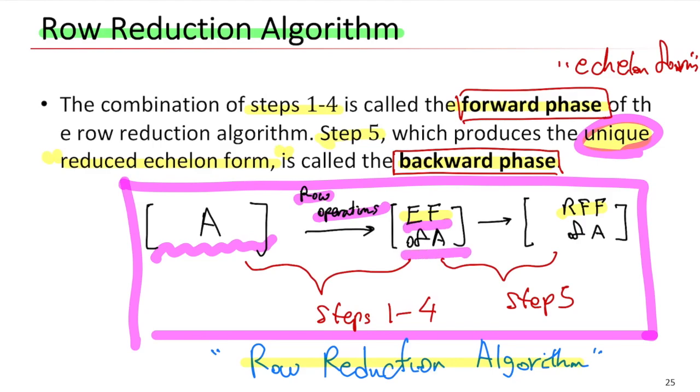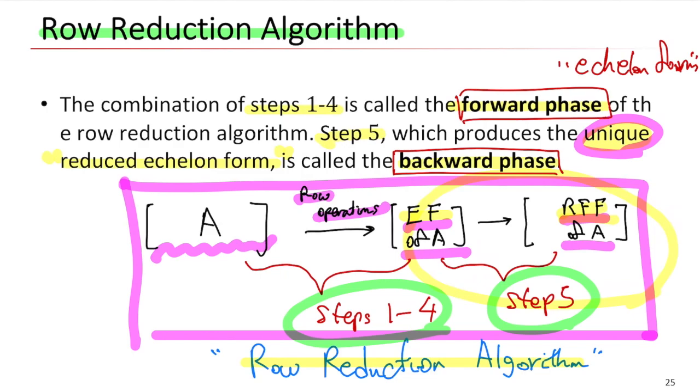So that was step 1 through 4, and in step 5, we produce the reduced echelon form of the original matrix A. So this step is called the backward phase, and this is called the forward phase.